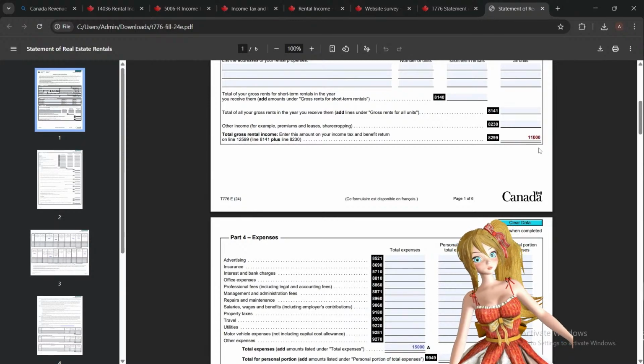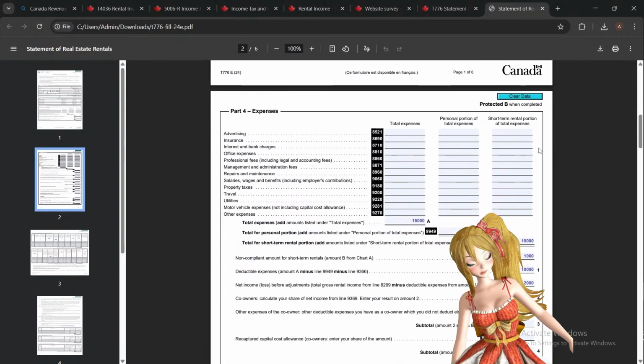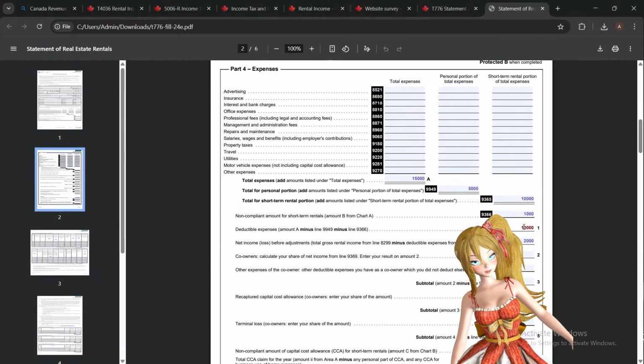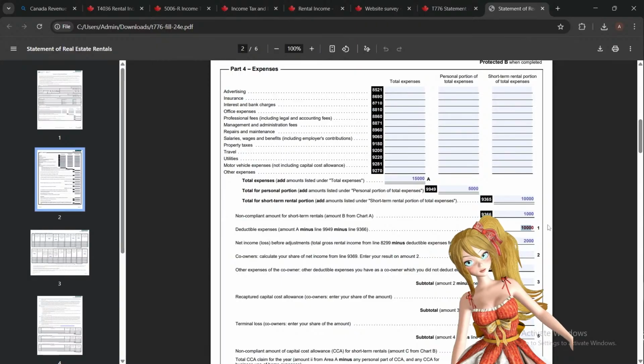So I earn less money. Then the deductible would be only 9,000 is deductible.